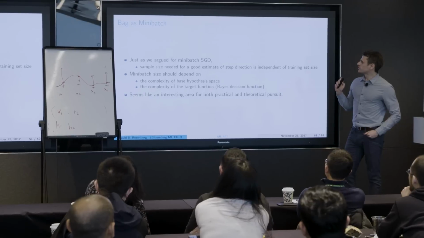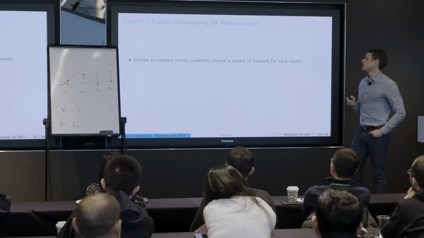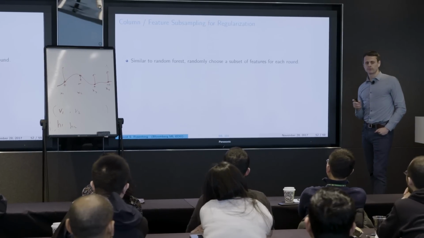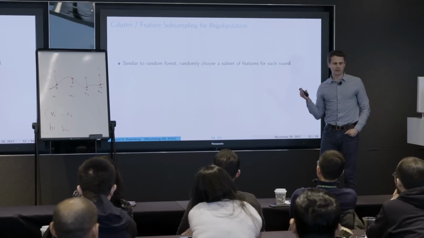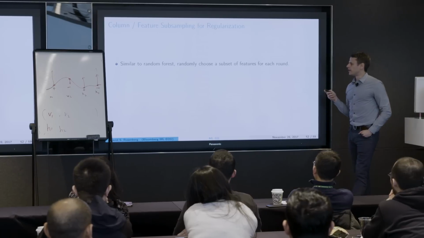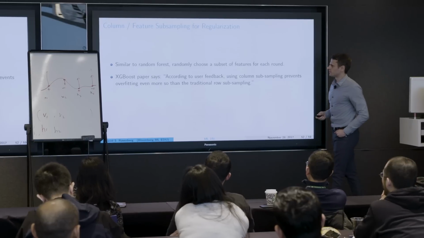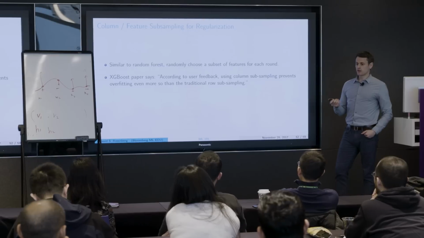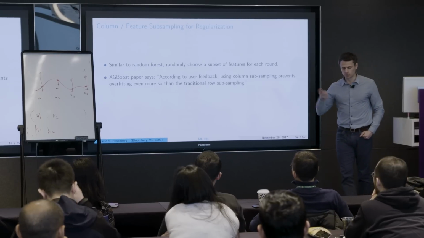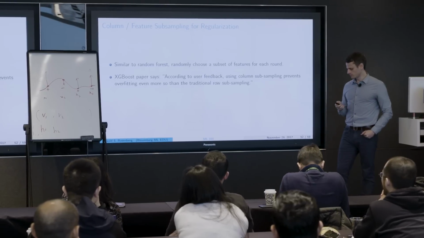So that was randomly selecting a subset of training data at every step. Then, just as we did for random forest, people have introduced the idea of randomly sampling features or columns. This wasn't part of the original proposal, but why not mix this idea in? XGBoost supports this feature, for instance, and they claim that a lot of people find it even more useful than stochastically sampling the rows, the examples.